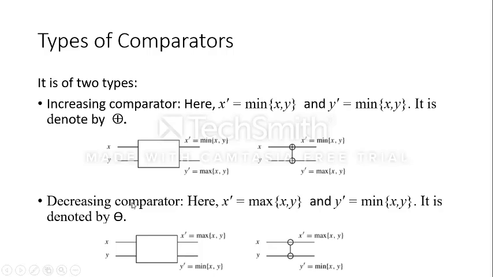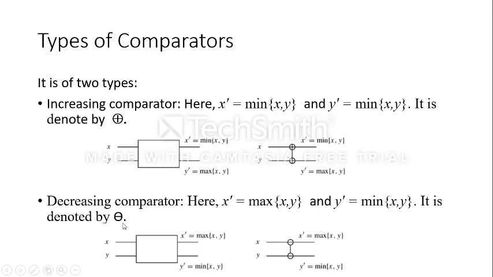Similarly, the decreasing comparator can be denoted with the circle minus, where on giving the inputs x and y, x prime will give the maximum value, while y prime will give the minimum value.